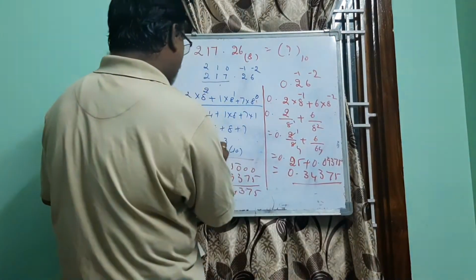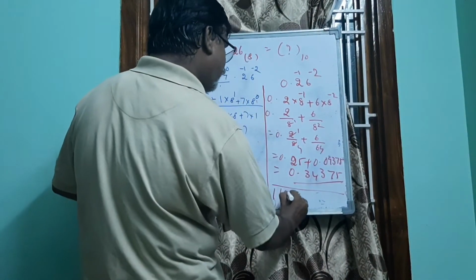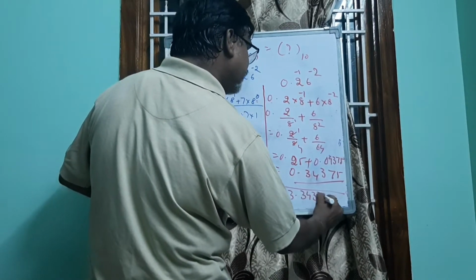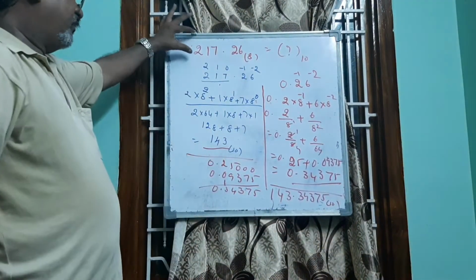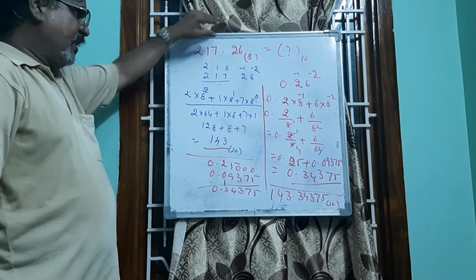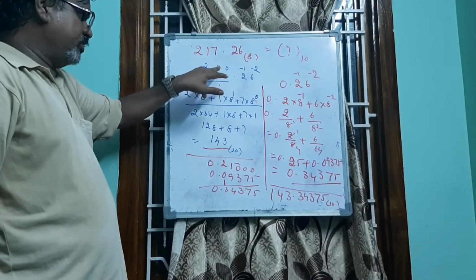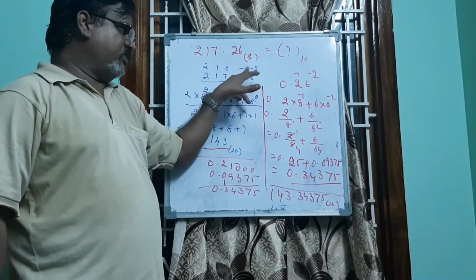You have to combine these two. So the final result we are getting is 143.34375 base 10. In this example you can see both the integer part as well as the fraction part. If it is the integer part, you write positions as 0, 1, 2, 3 like this. If it is the fraction part, you write -1 and -2.